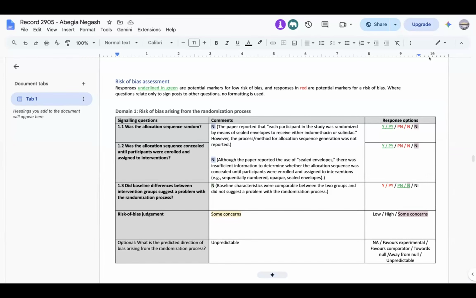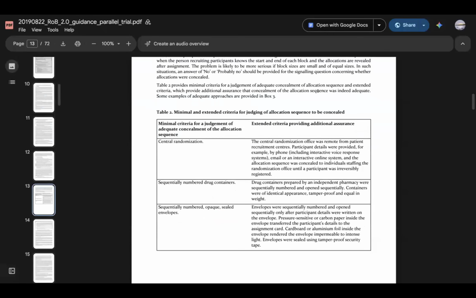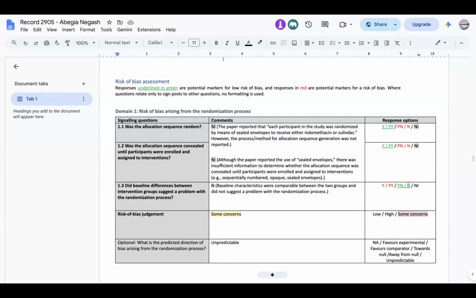Okay. For me, I said NI because when I looked at the guidance document, it does say that the minimal criteria should be opaque, sequentially numbered, and sealed envelopes, and that's page 13 of the document. But I could be wrong, so we can vote on this one as well. I put NI just because there was no information about whether the allocation sequence was concealed until the participants were enrolled and assigned to interventions.